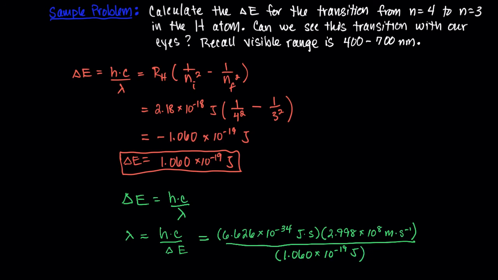All right, just to make sure that our units cancel out, we have joules and joules, seconds and seconds, so we're left with meters, which is great because that's what we want. And if we plug all of that into the calculator, you should get 1.874 times 10 to the minus 6th meters.